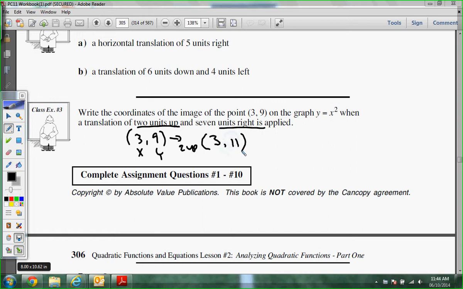And I want to go 7 units right, so I'm going to add 7 to 3. So I get (10, 11). Your new point would be (10, 11) for that specific problem.